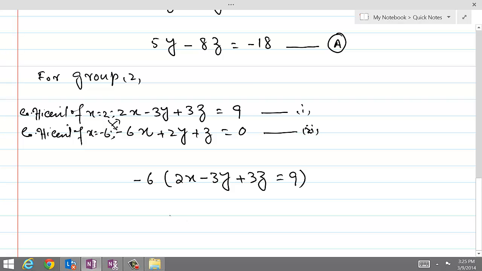And the second equation will become 2 times minus 6x plus 2y plus z is equal to 0. So this is our system of equations, called equation 1 and equation 2.